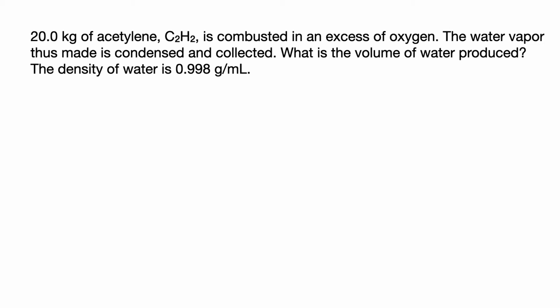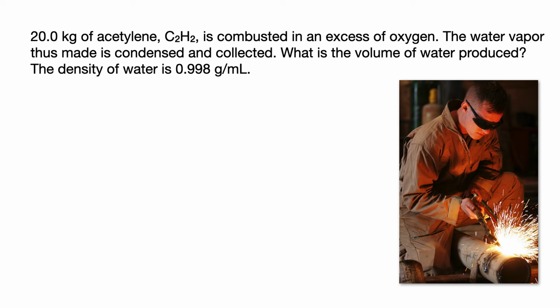So before I launch into things, I just want to say a little bit about this reaction. So combustion of acetylene with oxygen is a chemical reaction that is used in welding and in metal cutting torches because it produces extremely high temperatures. And so this is good for cutting through metal or welding two pieces of metal together.